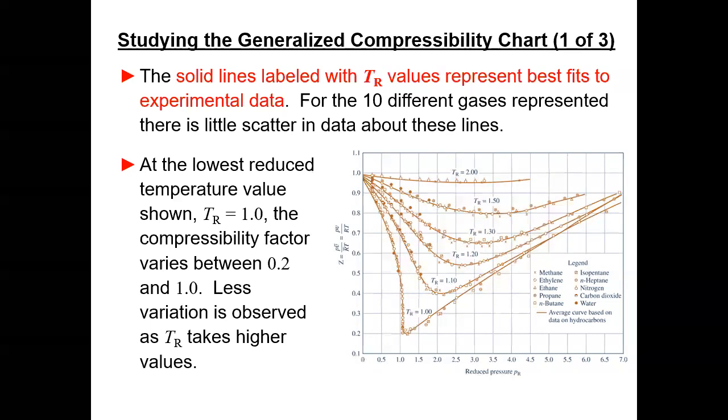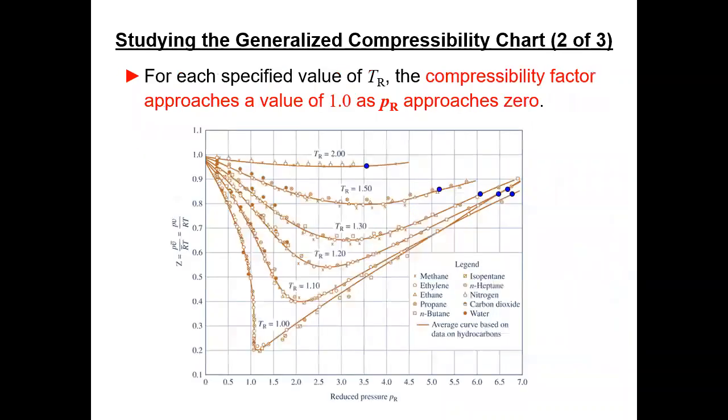Less variation is observed as TR takes higher values. We've got all the little blue balls and they all converge over there. For each specified value of TR, the compressibility factor approaches the value of 1 as PR approaches 0.